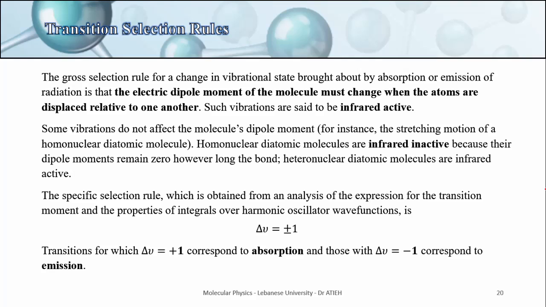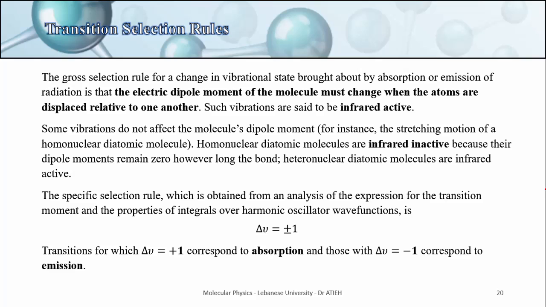On the contrary, heteronuclear diatomic molecules are infrared active. Why? During the vibration of the molecule, there is a change in the center of mass of negative charges and the center of mass of positive charges, which causes a change in the electric dipole moment, and hence these molecules are infrared active. Now this is the gross selection rule for transition.